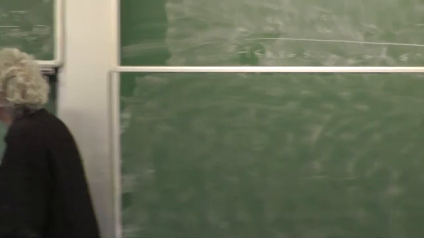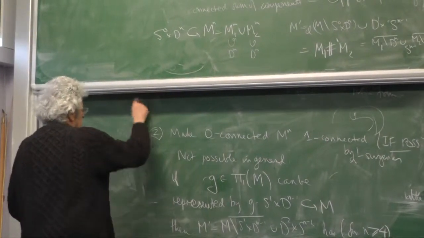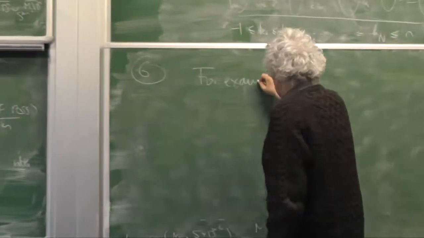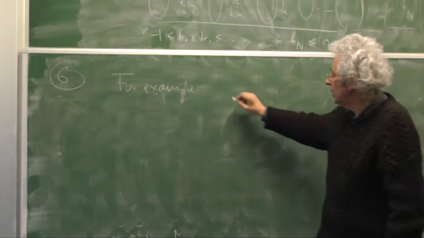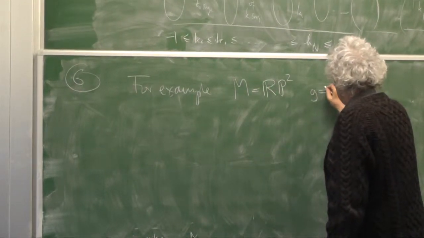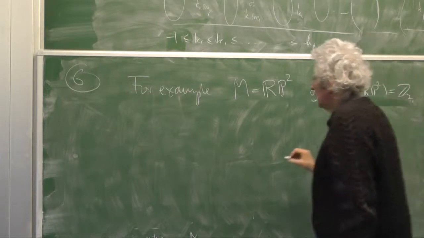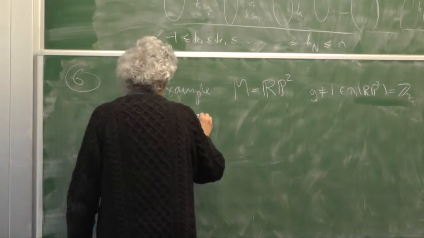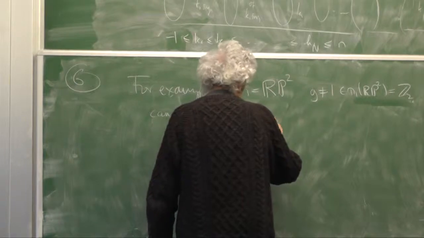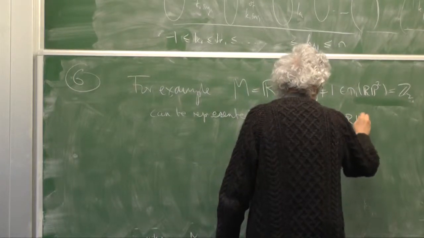So for example, M is RP2. A non-trivial element g in the fundamental group, which is of course Z2, can be represented by an embedding by S^1, which is RP1 living in RP2.